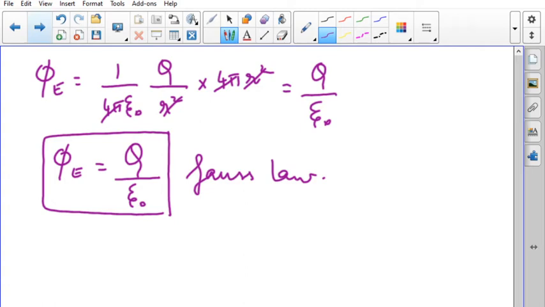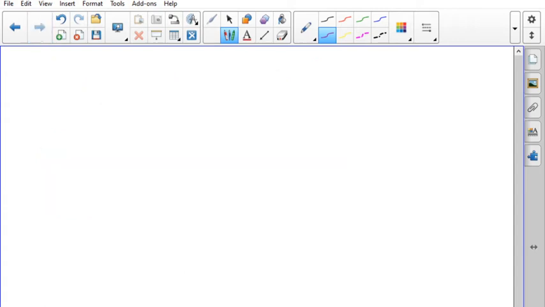This equation is true for any arbitrary shaped surface which encloses the charge Q. In that closed surface charge must be present, then only this equation is applicable. For example, consider a point charge Q and take three different closed surfaces around it.